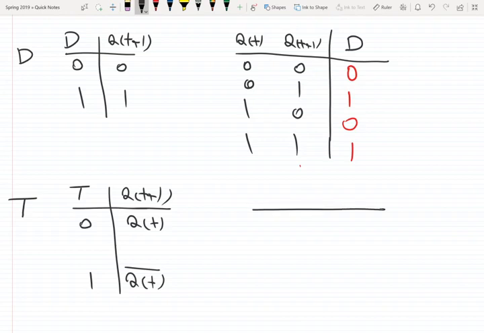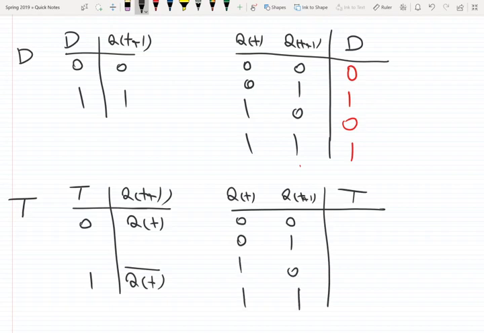So the excitation table has Q of t, Q of t plus 1, and T: 0 0, 0 1, 1 0, 1 1. Can you complete this table for me? Tell me what I should put in the first row.